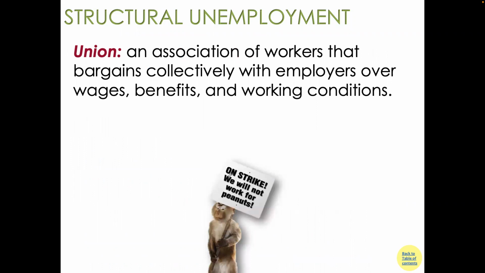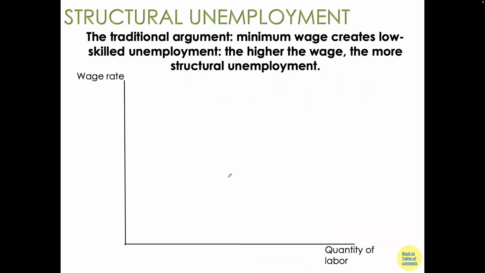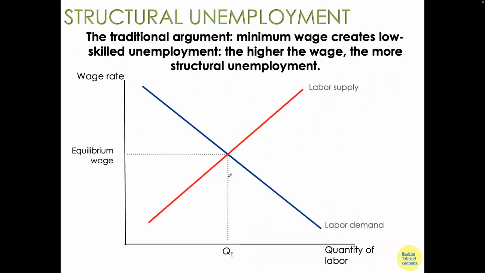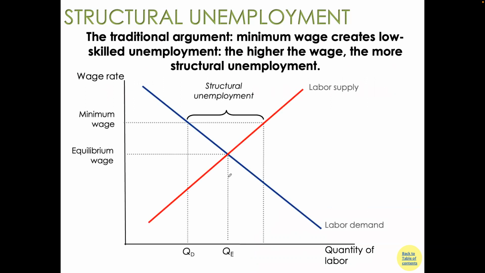They are going to bargain on behalf of the workers, to bargain for higher pay and better working conditions. Yes, their goal is to try to increase the salary. But this salary increase is going to artificially create structural unemployment.